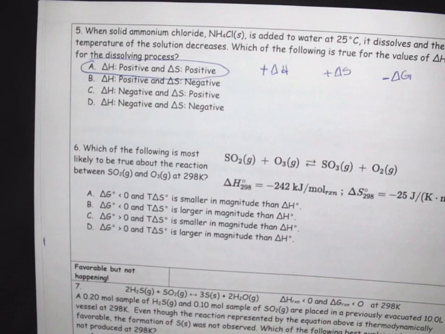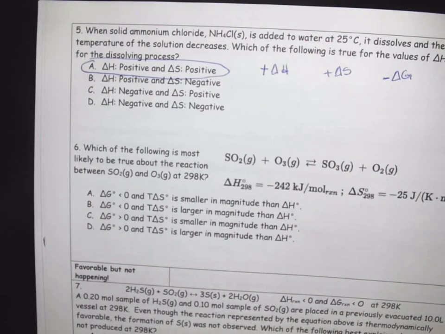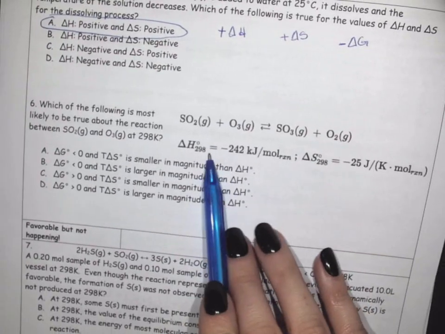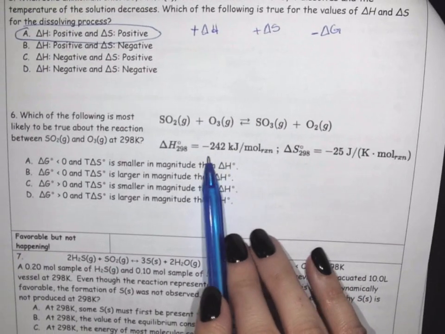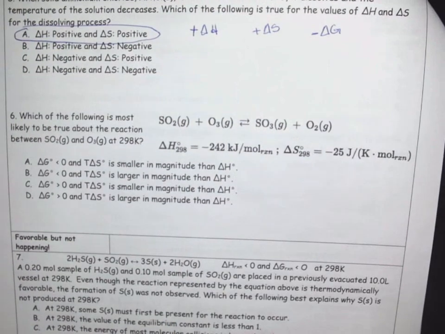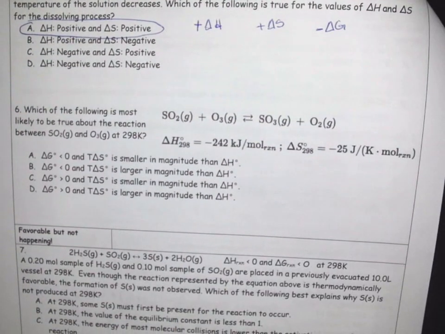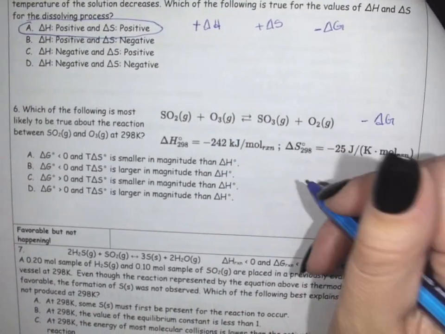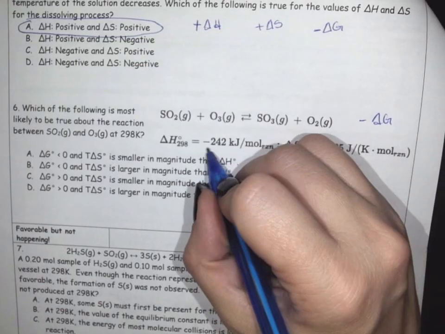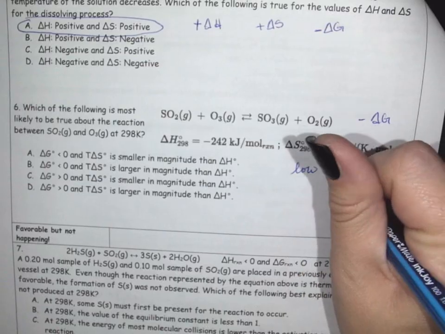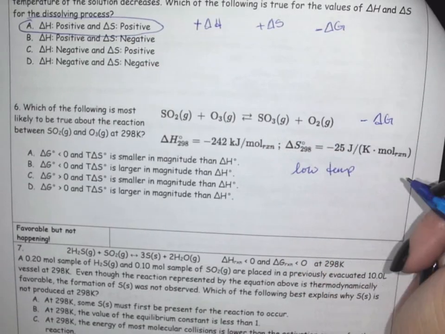For number 6, which of the following is most likely to be true about the reaction between SO2 and O3? Oh, at this temperature. Okay, so see how we have our negative delta H and our negative delta S. So it's kind of the opposite of the one we just did. If delta G is going to be negative, like if this reaction is actually going to happen, and we have negative delta H and negative delta S, then it's only thermodynamically favorable at low temperatures.